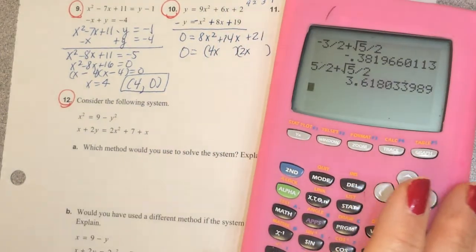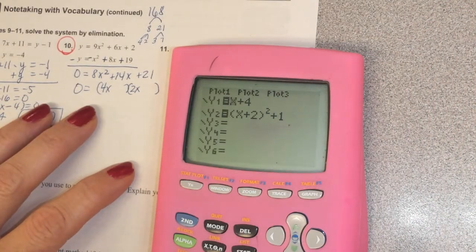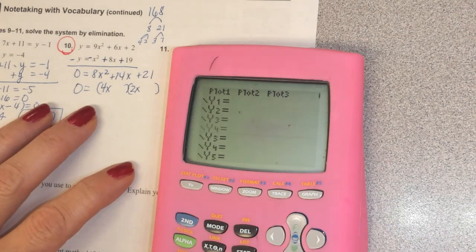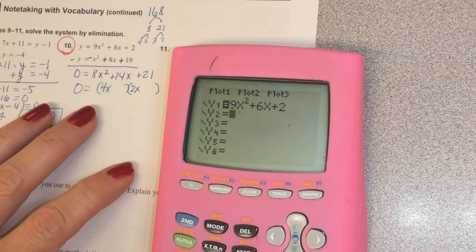But let's just check and see where these are going to intersect, what kind of answer we're going to get. Because if I'm going to get an irrational answer, then I know that I'm going to have to use the quadratic formula anyway.